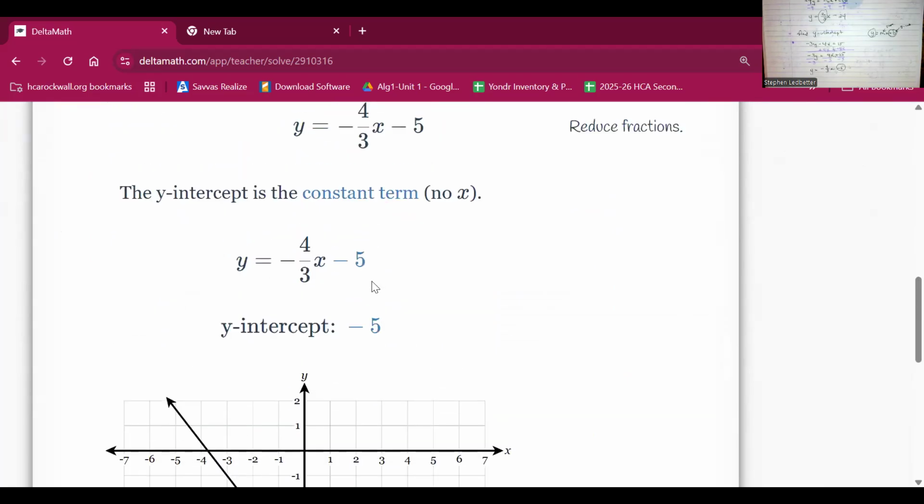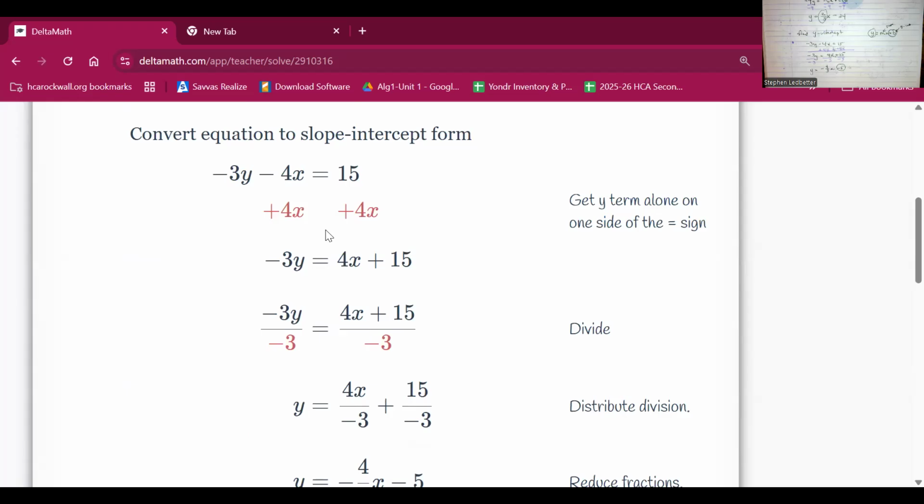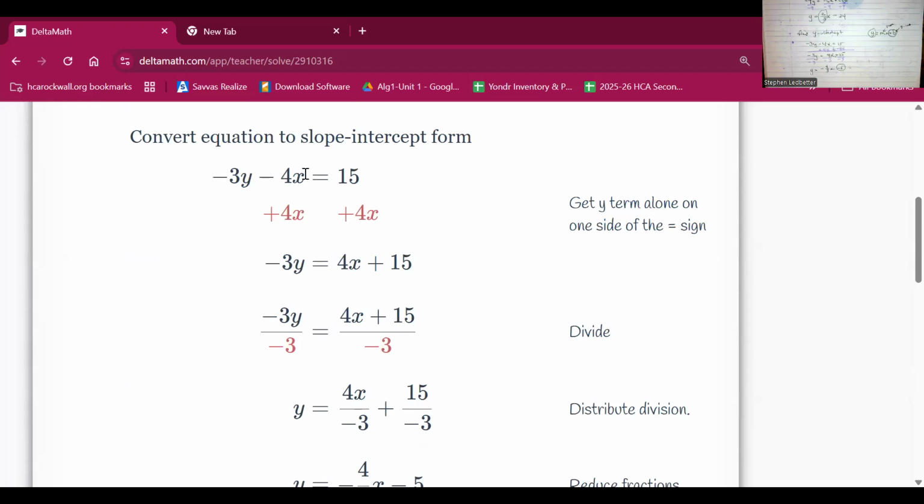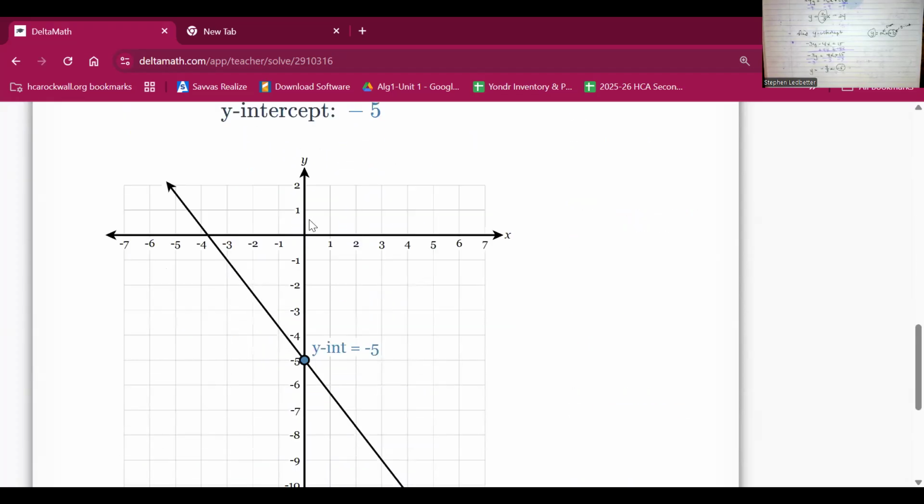Now let me make sure you understand. Every equation that has an x with the exponent of 1, so we call exponents in algebra degrees, and a degree is just a fancy word for exponent. So when the exponent on the x is a 1, then it makes a straight line. It could be slanted, it could be up and down, it could be across.